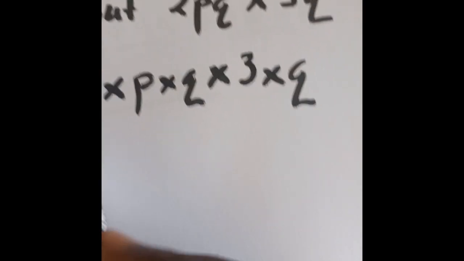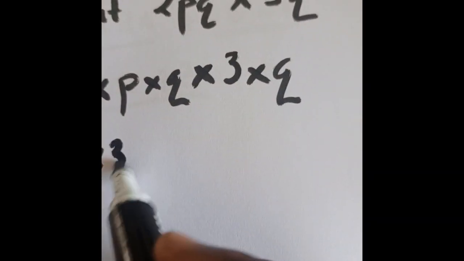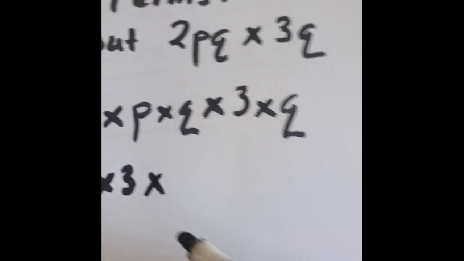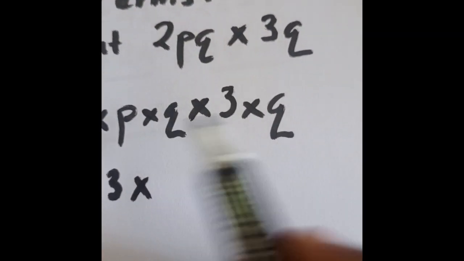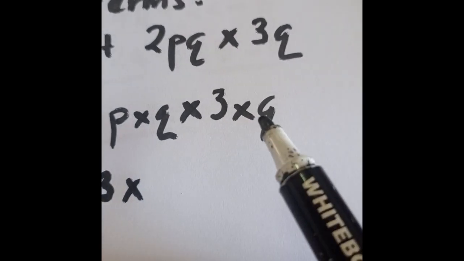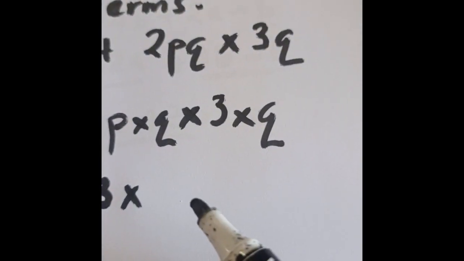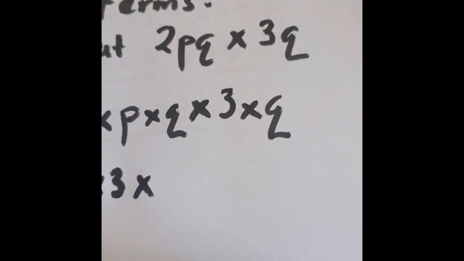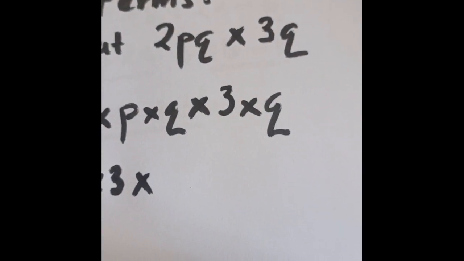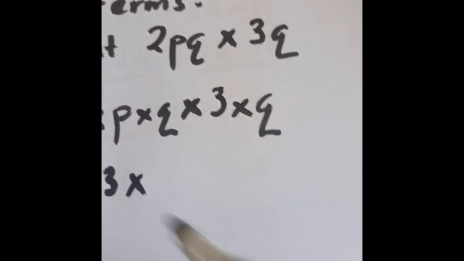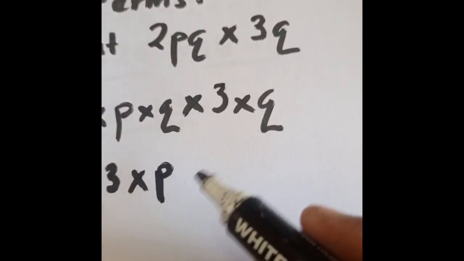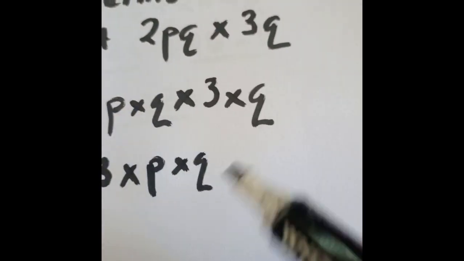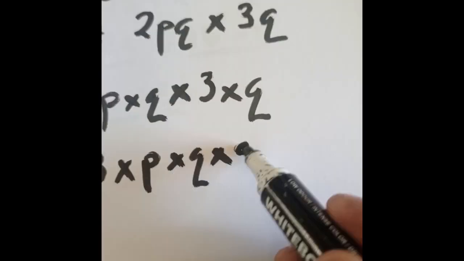So what we do here, we'll have 2 times 3, and then times. It's also advisable that when you have letters, we write them or consider them alphabetically. So if we have P and Q, we know P comes before Q in the alphabetical order. So we have times P, then times Q, the Q that we have here, times the other Q.